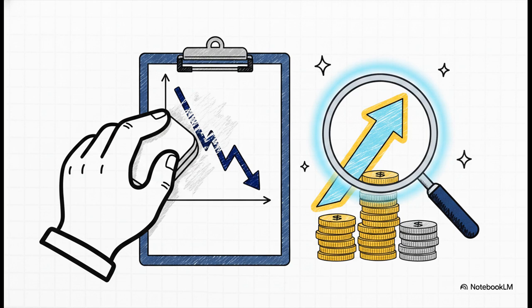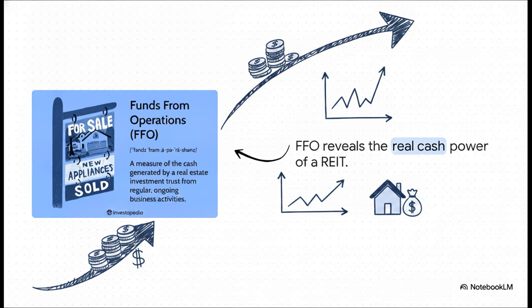Look, generally accepted accounting principles require these deductions for sure, but they heavily distort a REIT's actual cash flow. When the books in reality disagree this badly, smart investors don't just sit there and accept the books, they change them. Enter FFO, or Funds from Operations. Author Ralph Block calls this the primary yardstick for REITs, and for good reason.